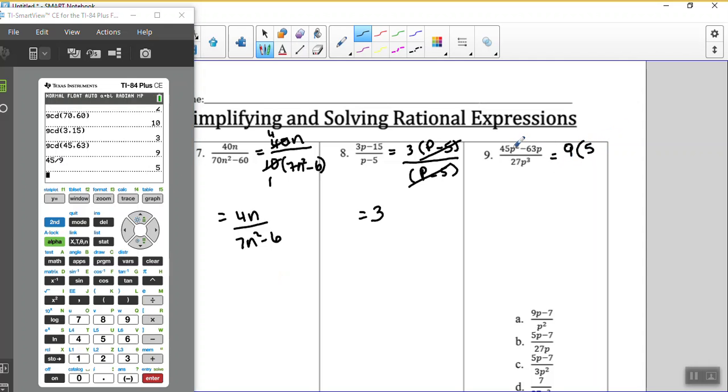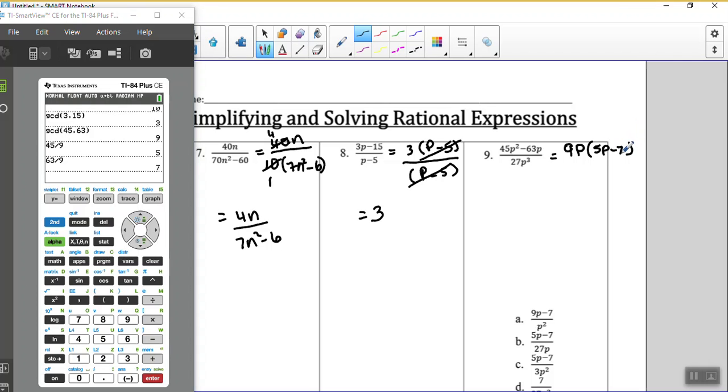And also, if you notice, there's a common variable p here, so I can actually factor out a p as well. So I'm going to factor out 9p, and then I have 45p squared divided by 9p, so 45 divided by 9 is 5, p squared divided by p, you just have 1p left in here, minus 63 divided by 9 is 7p.